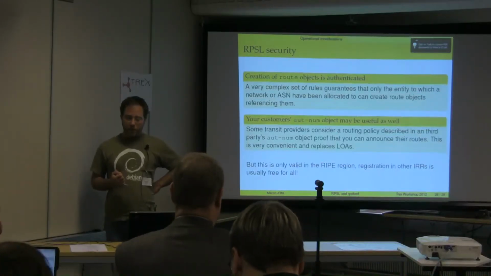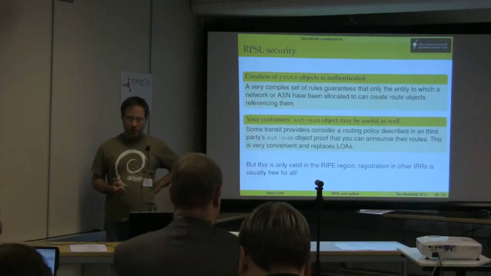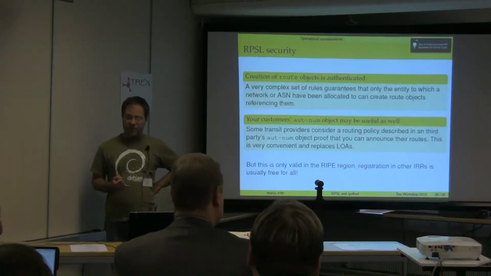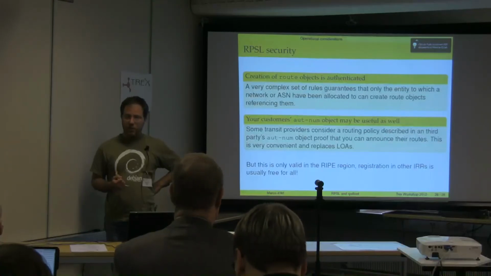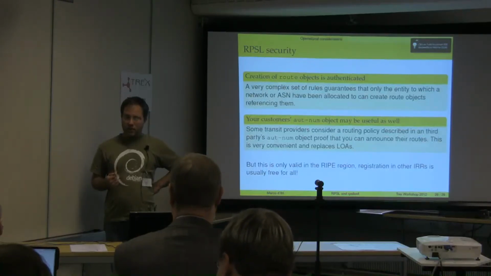This way, only the entity who has been assigned a network or an autonomous system is authorized to create an object. And this means that third parties will be able to tell with certainty if you are allowed to announce a certain network.